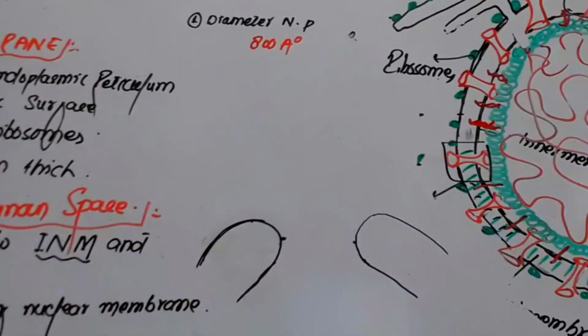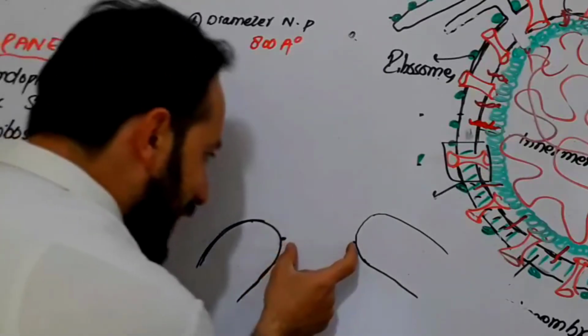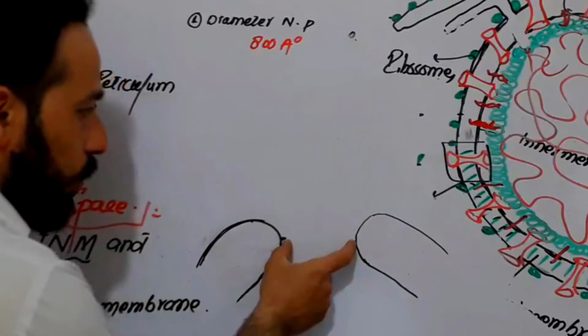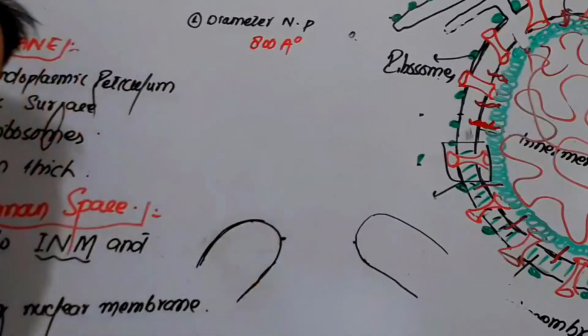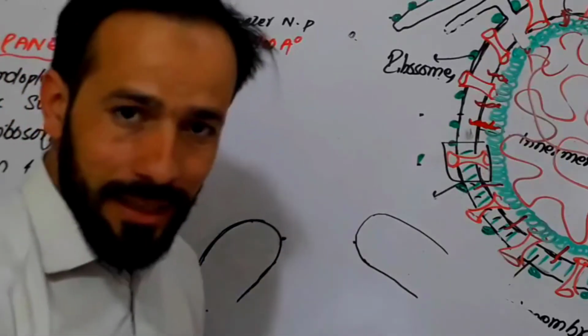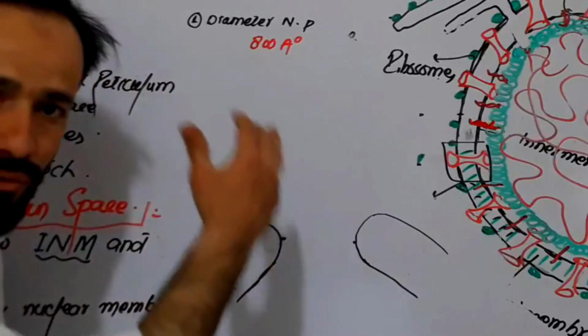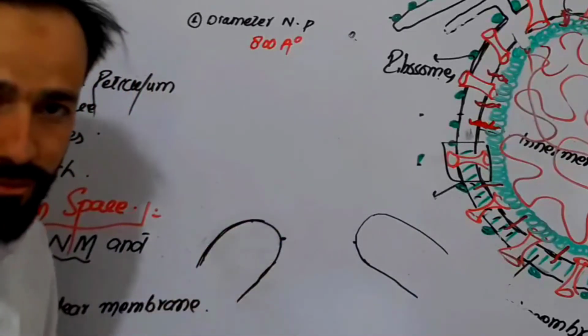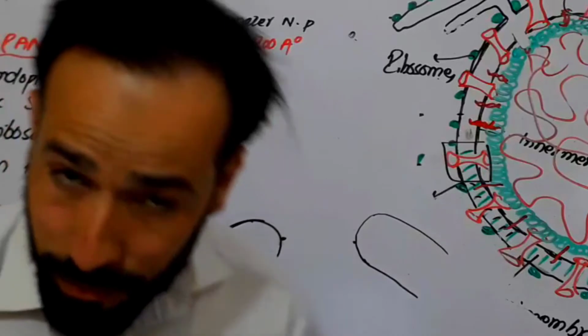Angstrom means 10 power minus 10, which is a very small value. Then in this nuclear pore we have protein channels, and those protein channels are used for the transport of ionic substances and small molecular weight substances, right?